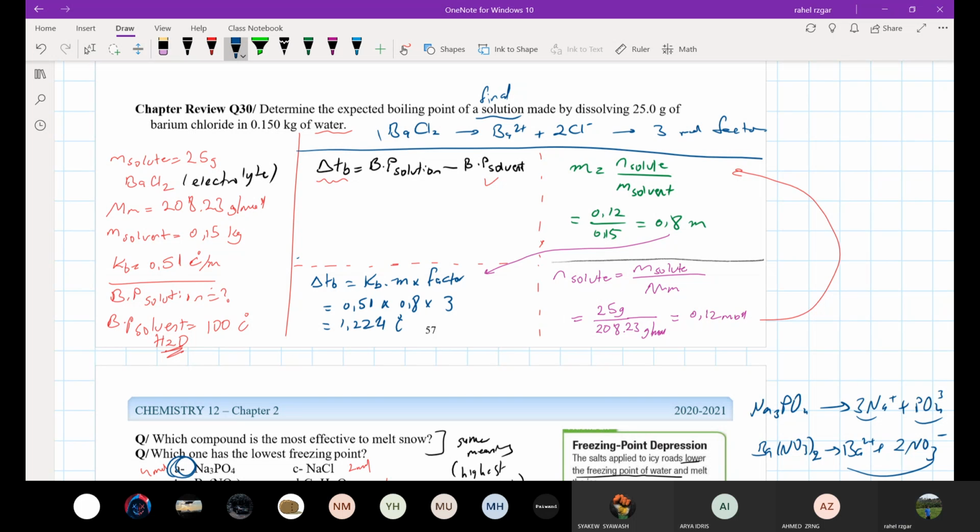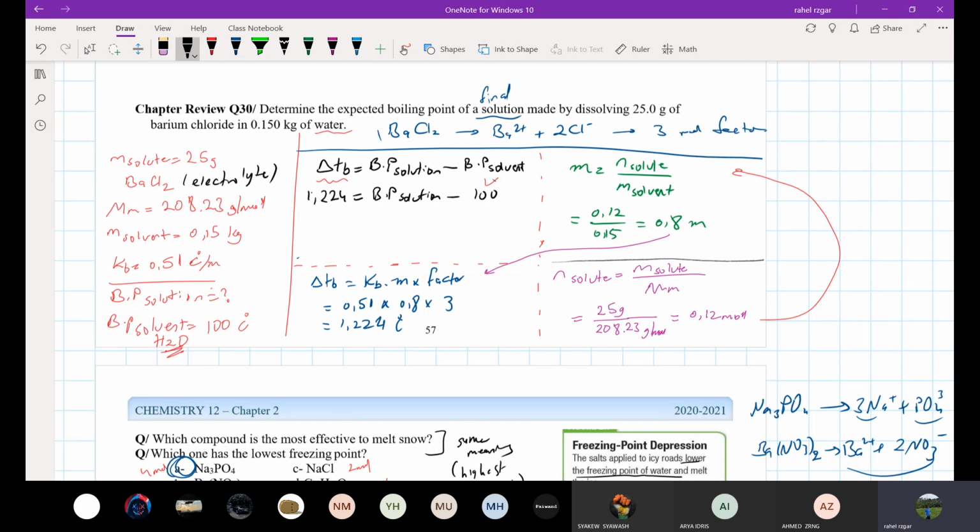Now we have delta Tb, but you don't leave it there because it says find boiling point of a solution. So delta Tb, which is 1.224, is equal to boiling point of solution minus 100. Put the 100 on the other side.